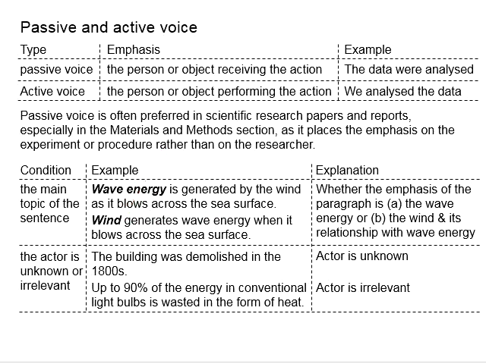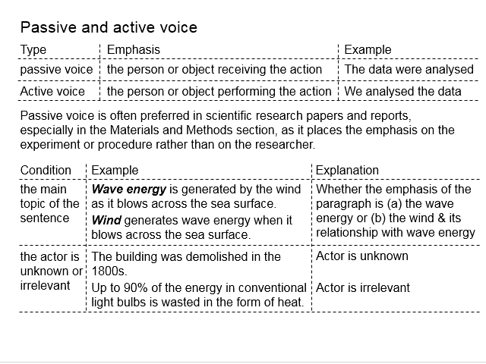Most likely your entire paragraph is talking about the wind. Therefore, you will need to consider whether the emphasis of the paragraph is the wave energy or the wind and its relationship with the wave energy. This is very much dependent on the topic that you are discussing, where you want to put the emphasis.